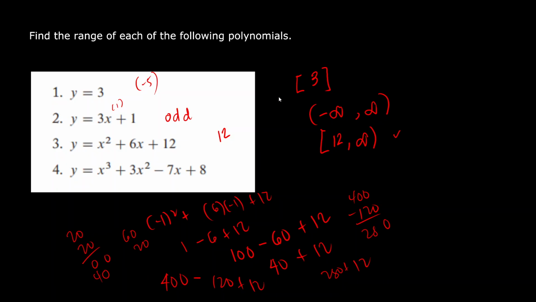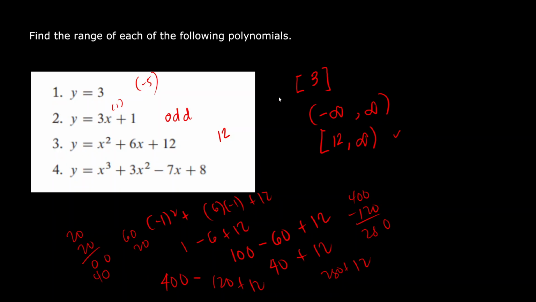So, pasok siya dito. Next, add ulit ito. Okay? So, matik, kung titignan natin yung theory, that should be negative infinity to infinity. So, for example, maglagay tayo ng values ng negative na mataas. Like, for example, negative 5.